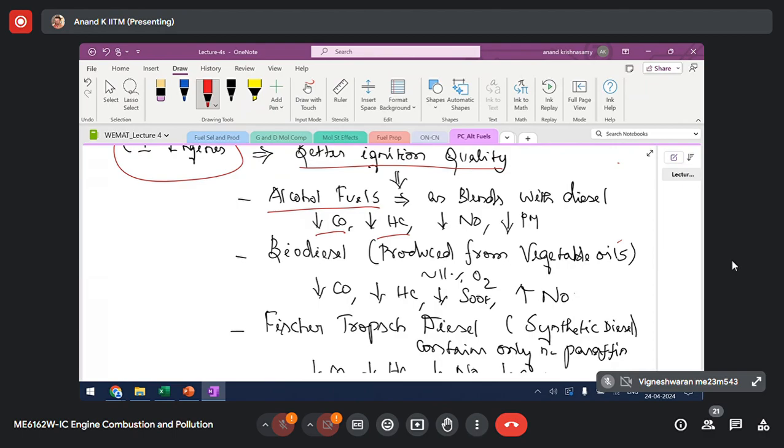For the same reason we have discussed earlier, they can result in more complete combustion because they contain oxygen. For the same reason, they can reduce particulate emission. It helps in soot oxidation. Soot is a major component in particulate matter. Since the fuel has oxygen, it helps in reducing particulate matter. And as I said, this fuel has the potential to reduce temperature because of high latent heat.